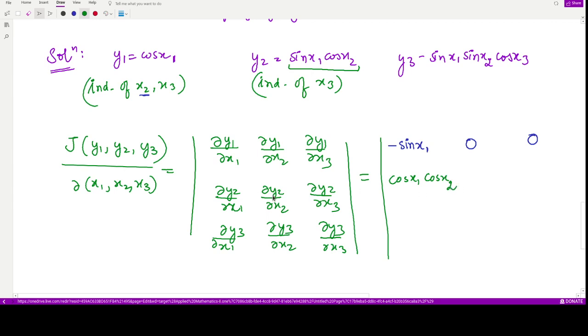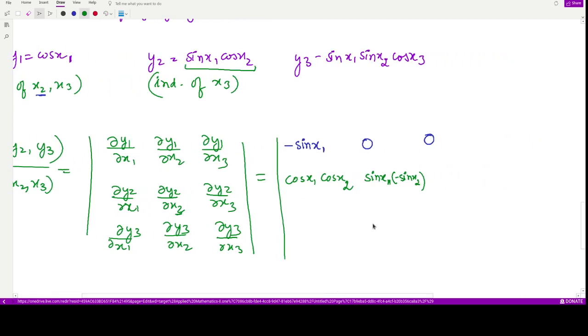And then the derivative with respect to x2 of y2, this would be equal to sine x1 as such, and then the derivative of cos x2 would be equal to minus sine x2. And then the derivative for y2 with respect to x3 would be equal to 0.